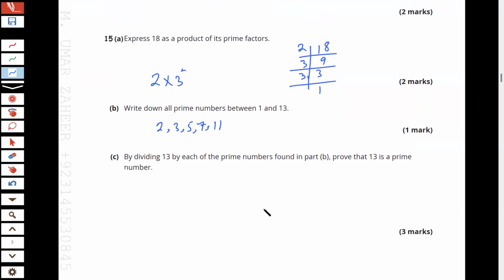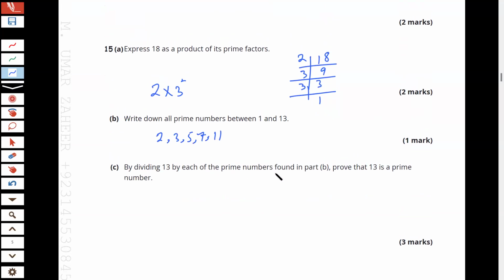By dividing 13 by each of the prime numbers found in part B, prove that 13 is a prime number.